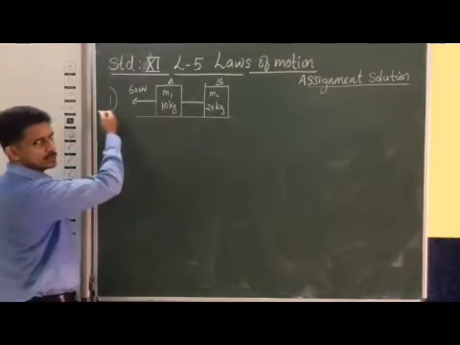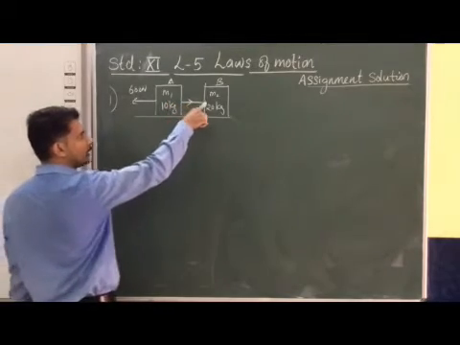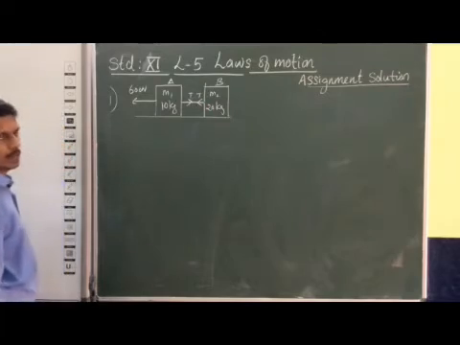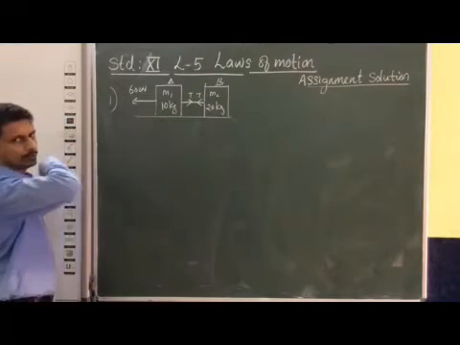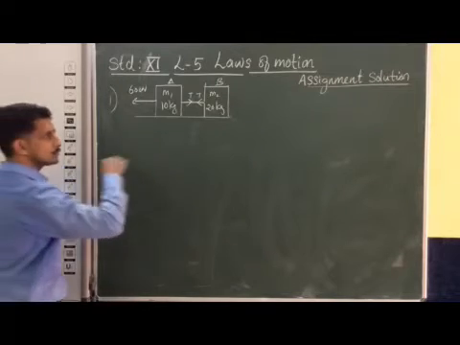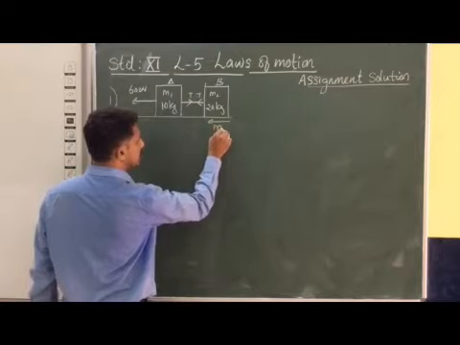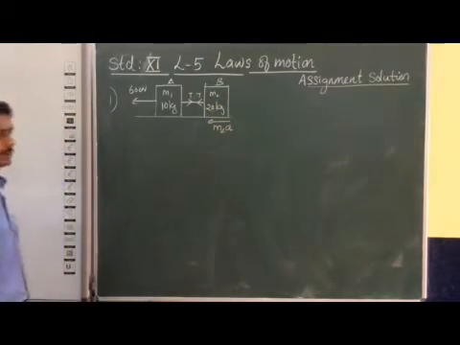You see that when a force is applied, because of this block there is a tension developing, and because of this block there is a tension developing. And we can see that this combined system starts moving in the forward direction. So there is an accelerated motion in this case.